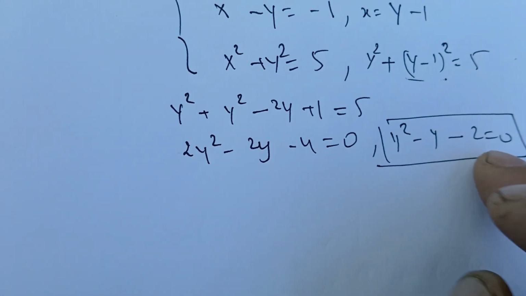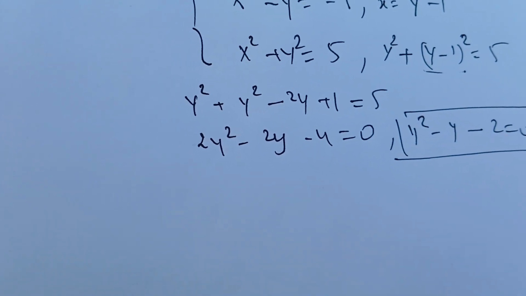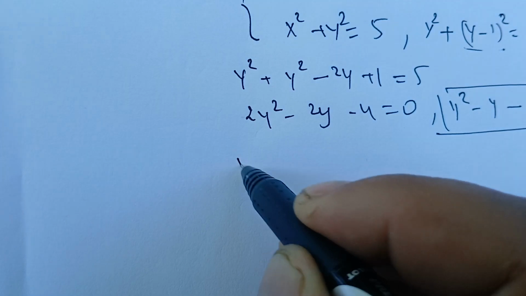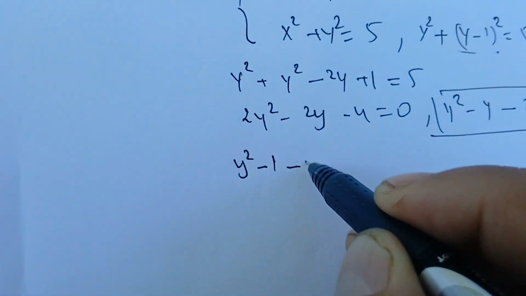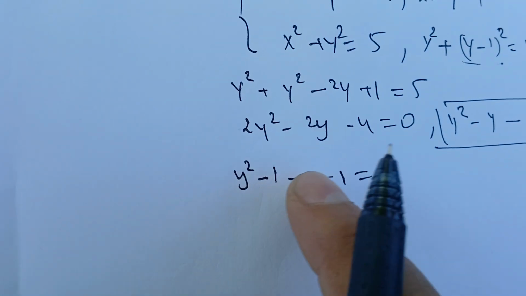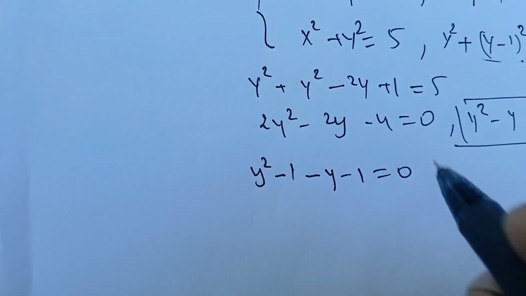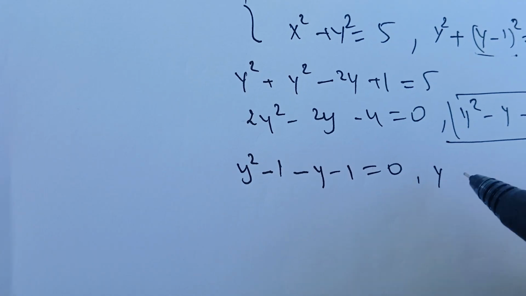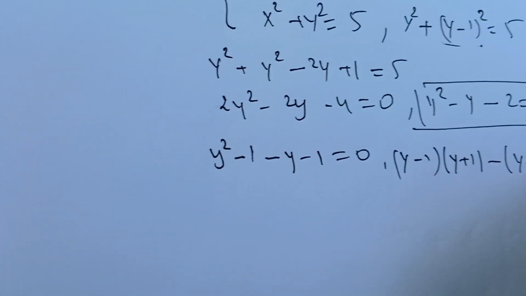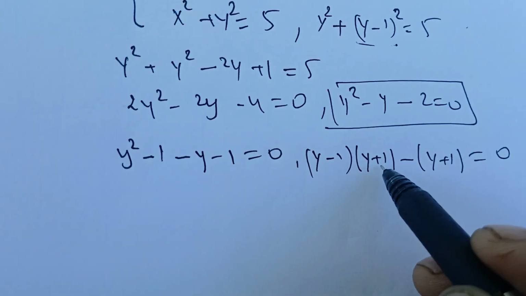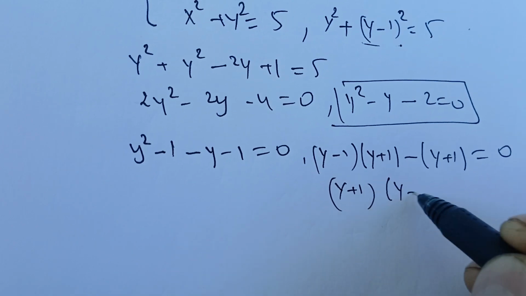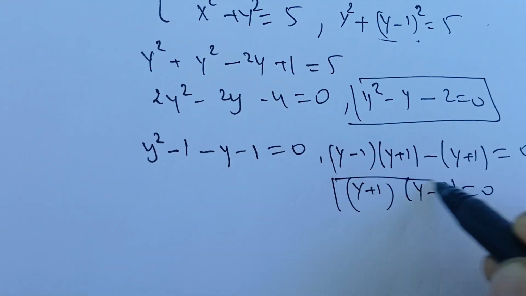So from here, I can find the values of Y. I can solve this in the following manner. I have Y squared minus 1 minus Y minus 1 equals 0, so I divided the minus 2 into minus 1 minus 1. So here I can get (Y minus 1)(Y plus 1) minus (Y plus 1) equals 0. And I can factor by Y plus 1 to get (Y plus 1)(Y minus 2) equals 0.